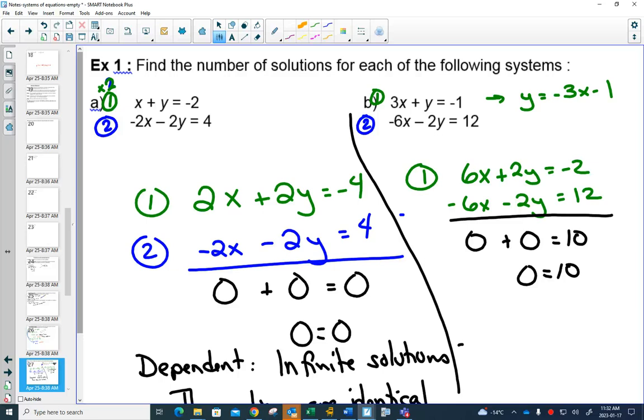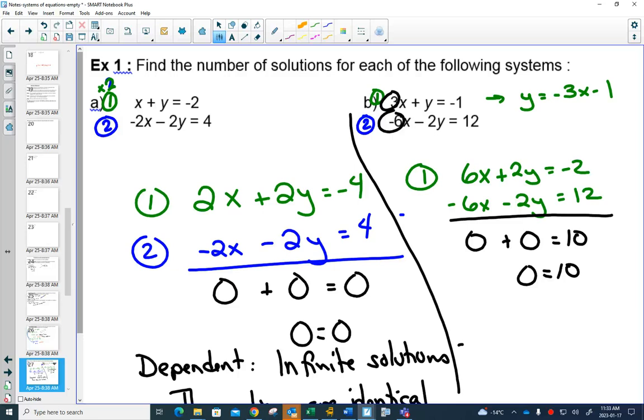Why did I multiply it by 2? If you're using the elimination technique, you want to have the numbers in front to be the same, one positive, one negative. So none of them are the same right now, so I chose to multiply equation 1 by 2 to make the x's the same, and by chance, the y's also eliminated.